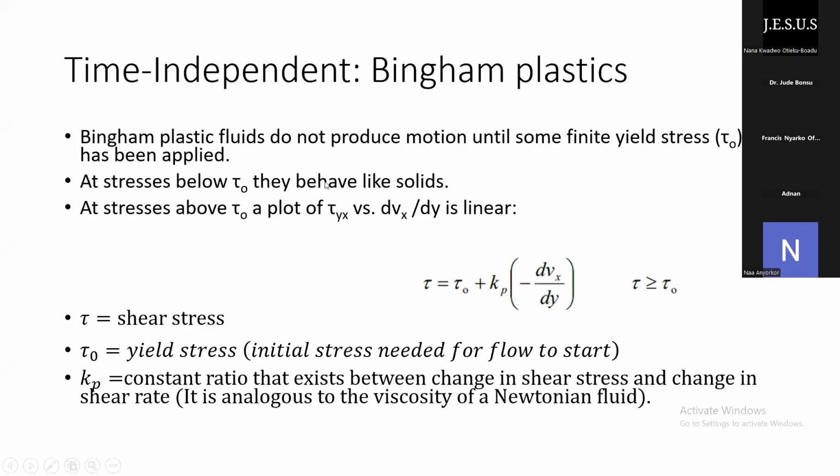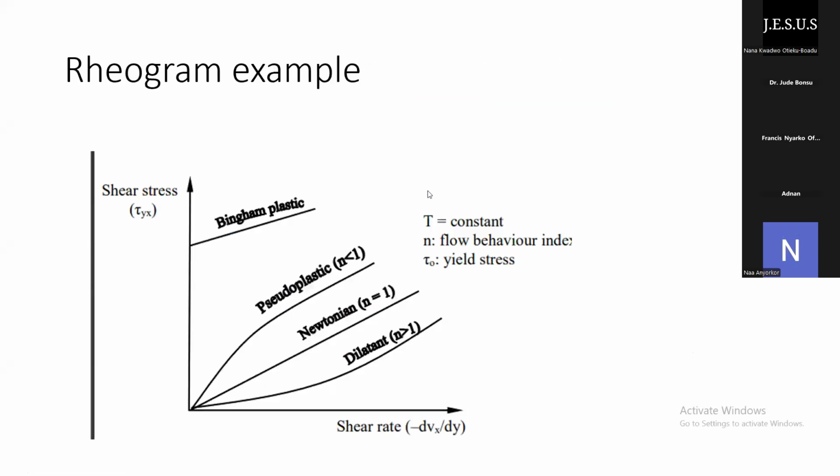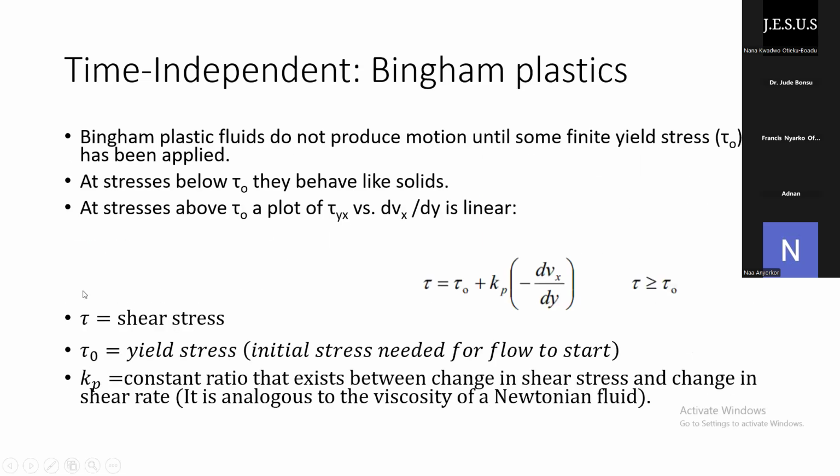And then the plot of your shear stress versus your shear rate becomes linear. So we can look at it from this diagram. After we exceed our yield stress, realize that our shear stress versus our shear rate becomes linear. So this is the formula which is applicable to the Bingham plastic.